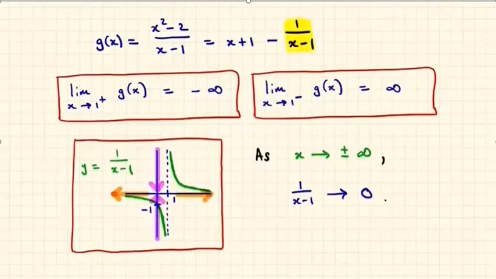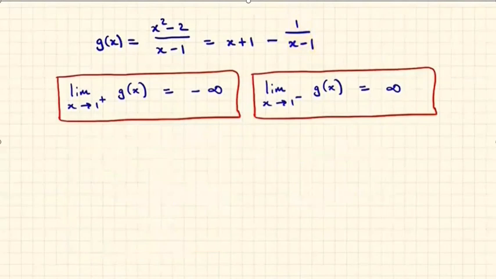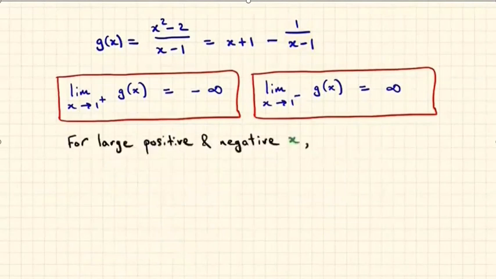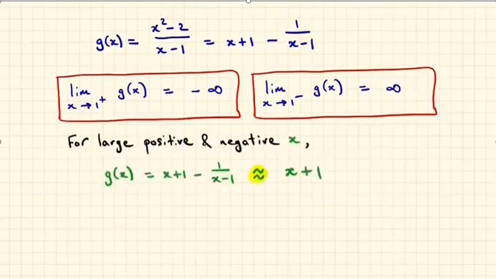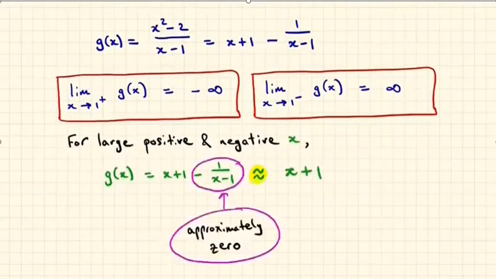The rule for g becomes more and more identical to the rule for the line y equals x plus 1. The farther you are away from the origin, geometrically, that line becomes an oblique asymptote for the curve.